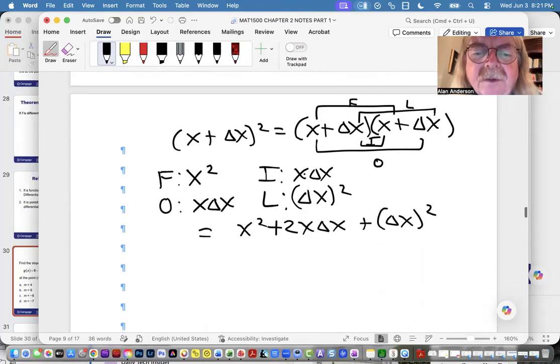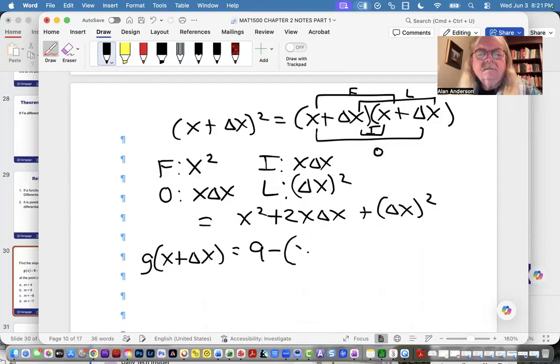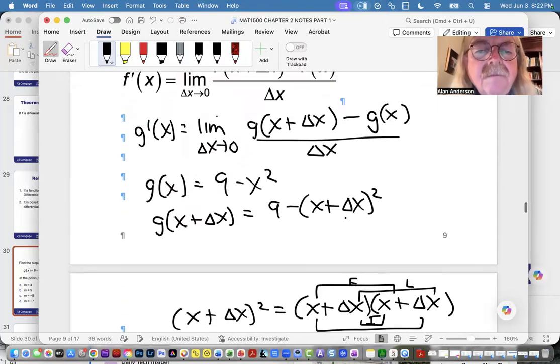We have to be very careful with this. And of course, we still need to subtract from g of x.